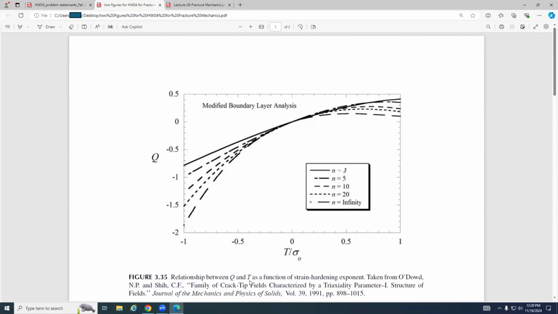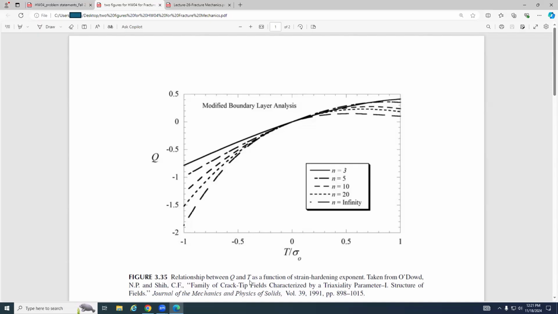It fails at 30% of the yield strength. So this is talking about T, which means T divided by sigma equals 30%.